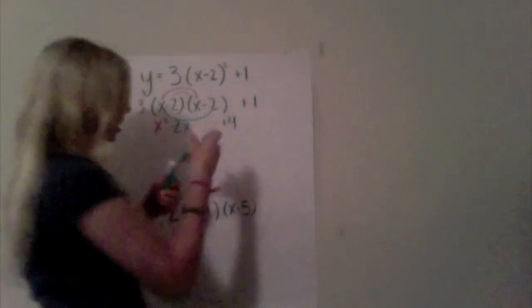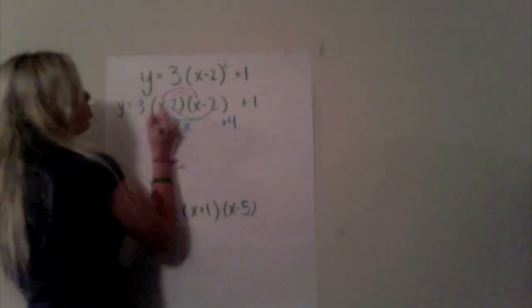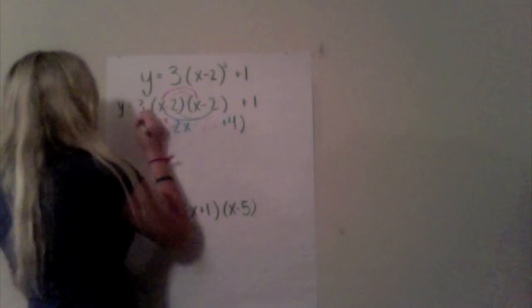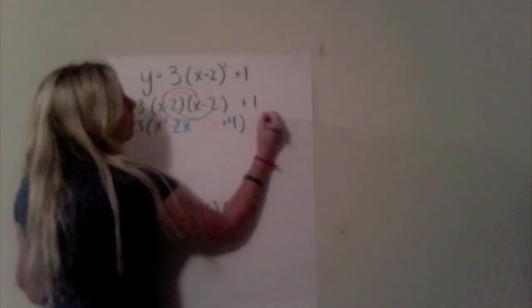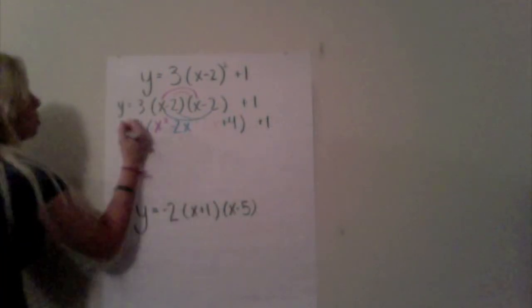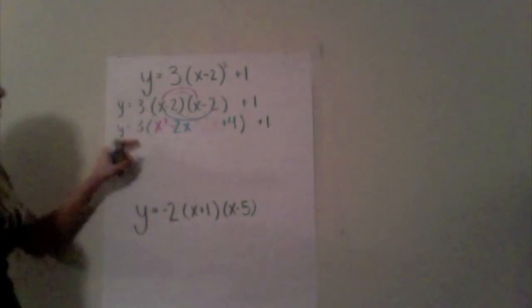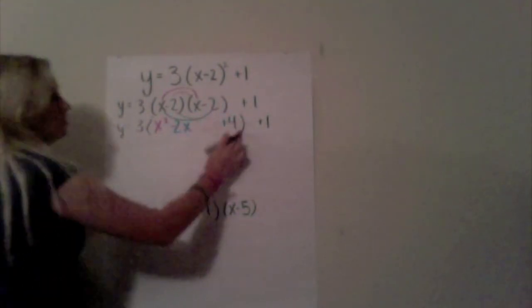Now, we have to remember that all of this is still multiplied by this 3 out front, and you still have to add 1 at the end. So we're going to take that 3 and we're going to distribute it for all of these terms.